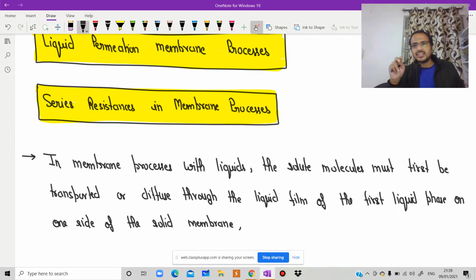So in total we have three resistances: first the first phase resistance, then the membrane resistance, and then the second phase resistance.